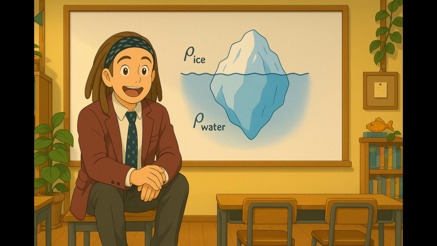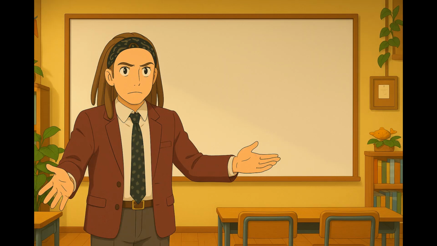This means about 10.5% is visible. This is a reasonable amount for ice in salt water. We know most of an iceberg is underwater. If it were freshwater, density approximately 1,000 kilograms per cubic meter, slightly more would be submerged, 91.7%, so less would be visible, 8.3%. Our result is consistent.